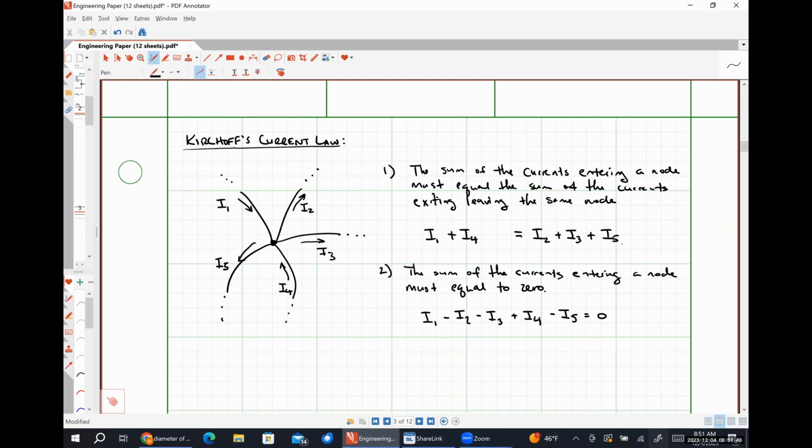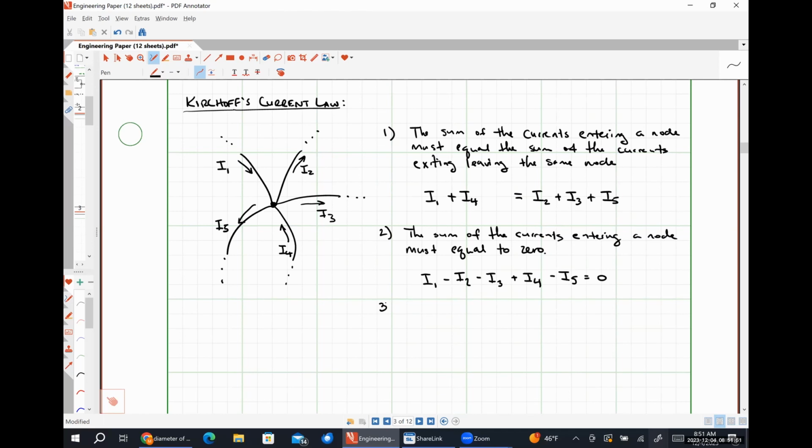Our third representation is the sum of the currents exiting a node must equal to zero.